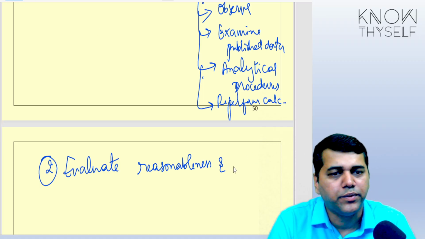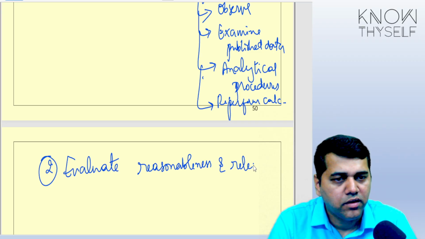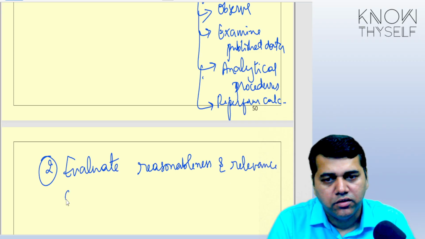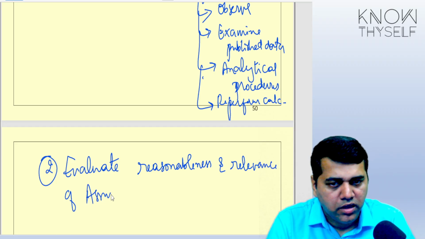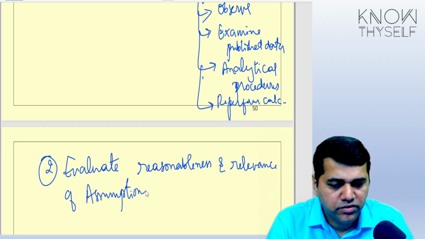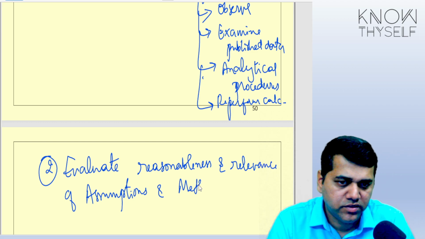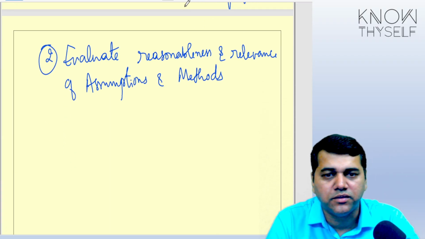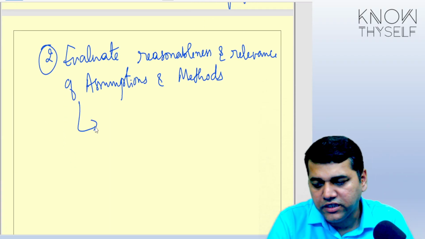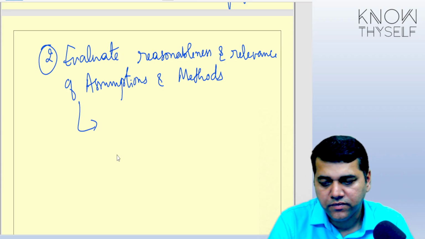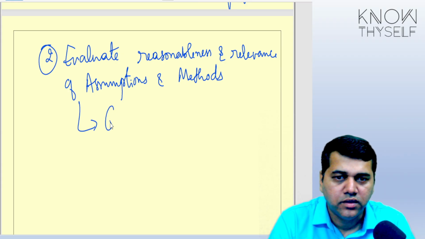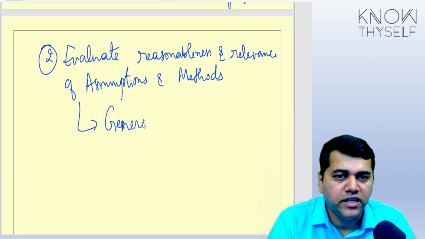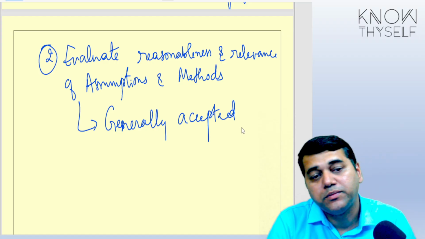Anyhow, hope it's okay. Of assumptions and methods. The first is findings and conclusions. This is assumptions and methods. So what is it that you need to check? Whether it is generally accepted in the expert's field.